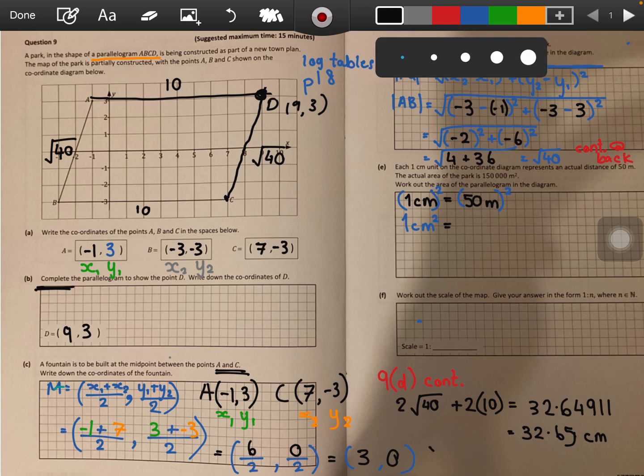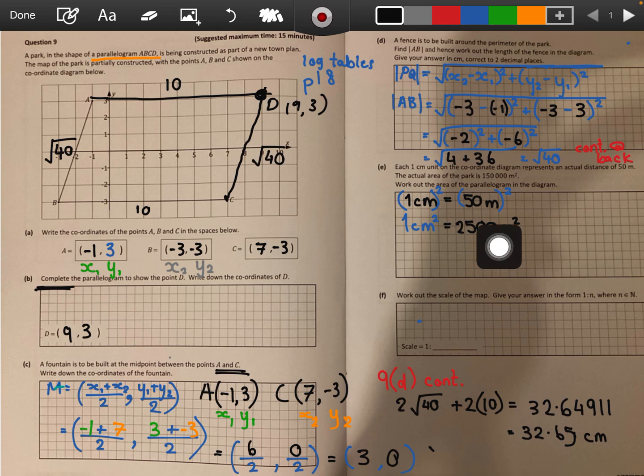So when I do that, I'm going to get 2,500 meters squared. This is a little bit different to how we'd usually do it, but now we can see our ratio of how we're getting from 1 centimeter squared to meters squared.